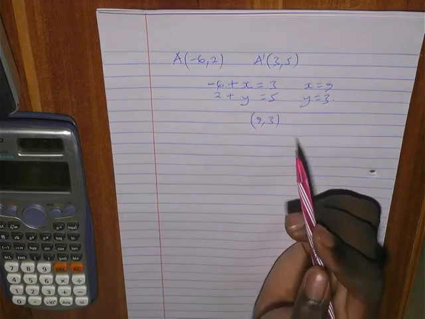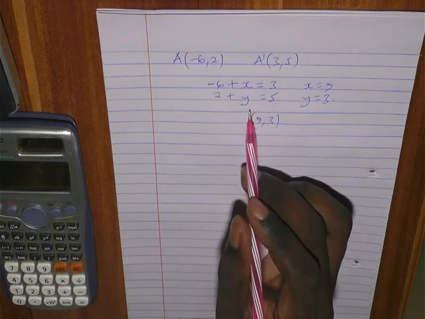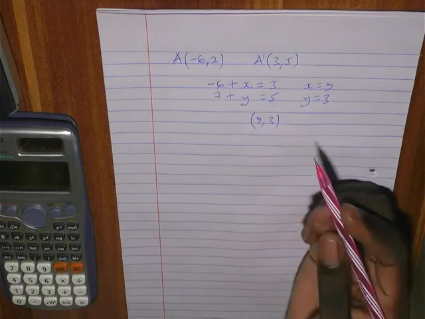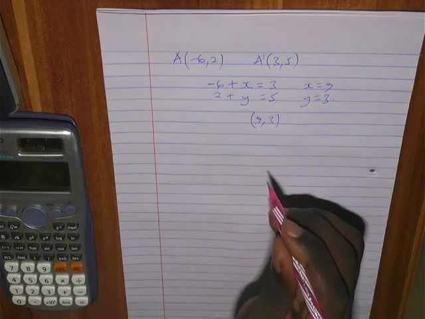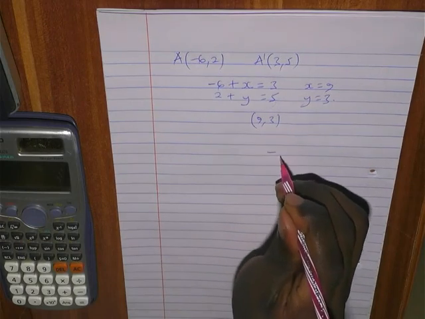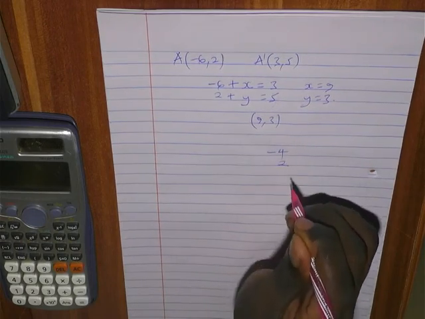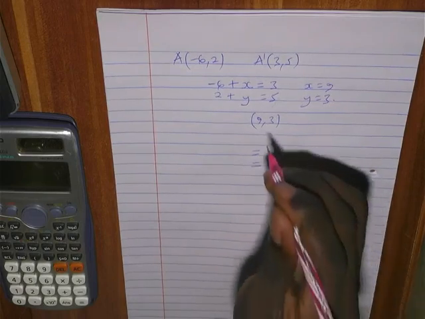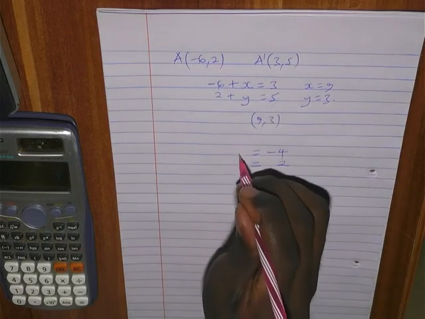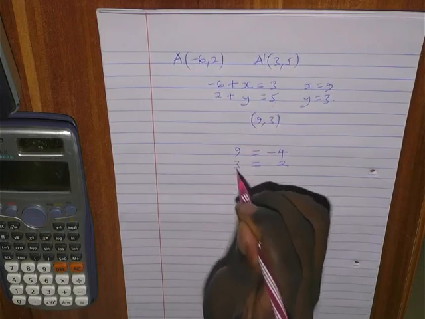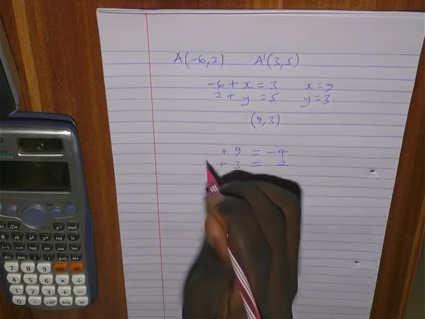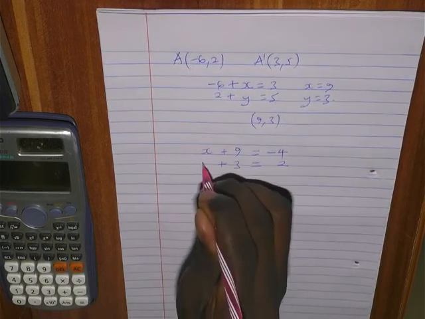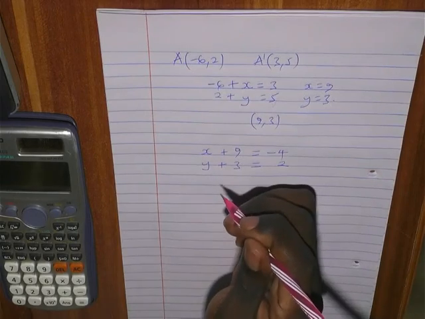So in this question we have the translated object, which is the point (-4, 2), equal to X and Y, which we got to be 9 and 3, plus now our X and Y, which are the points of P.